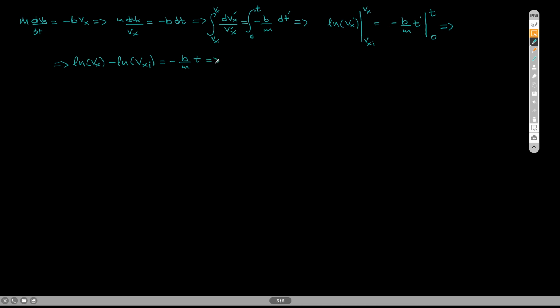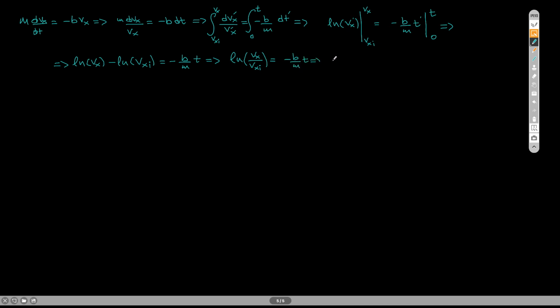And moving on. Now, whenever you subtract two natural logs, you can do ln of Vx over Vx initial. This is a property of the natural log, or of logarithms in general. This is minus b over m t.